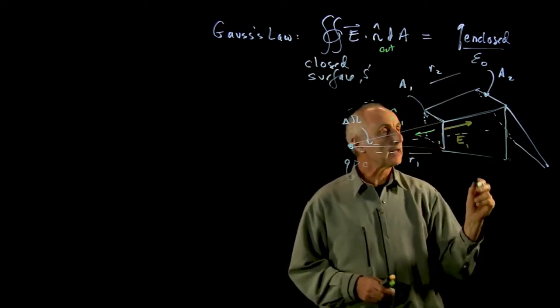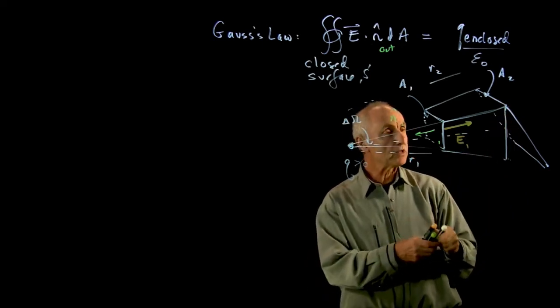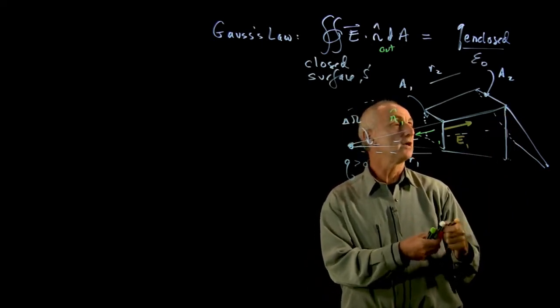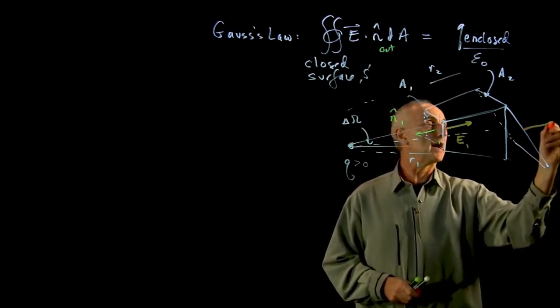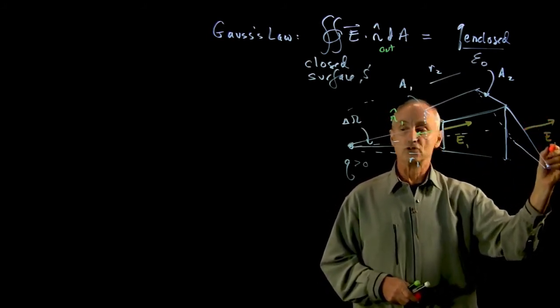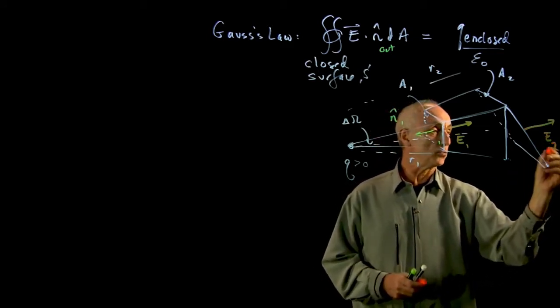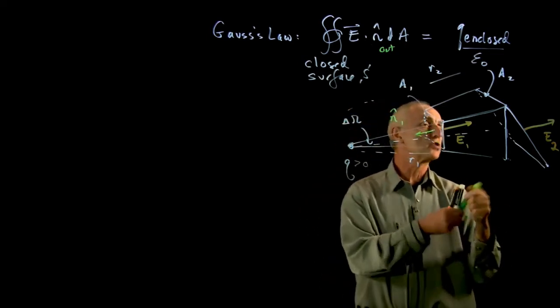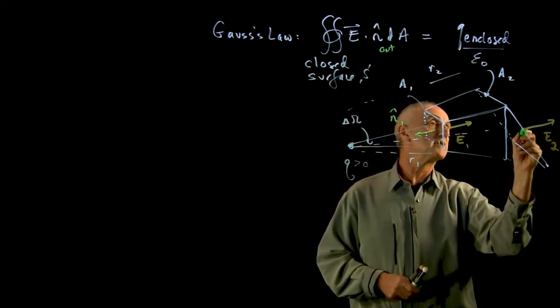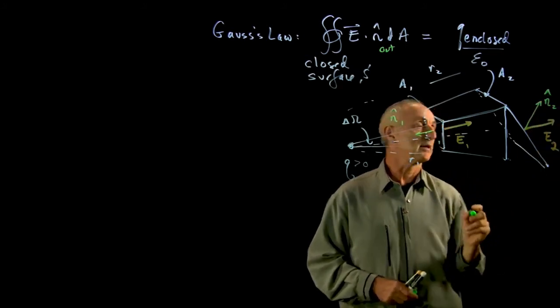So now what about the flux through this one? Well, once again, we see that the electric field is pointing radially outward. That hasn't changed. But what's changed, and this was our E2, is the normal to the surface. So our surface normal is now at an angle, n hat 2.